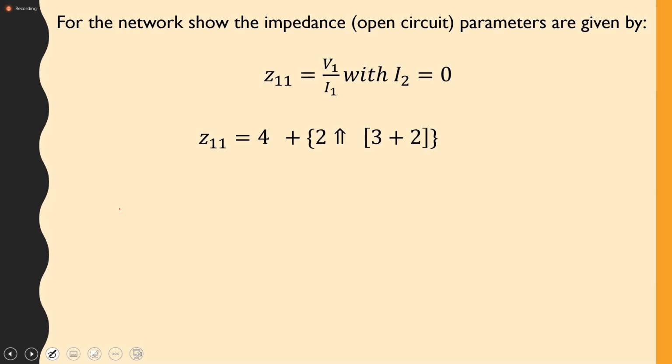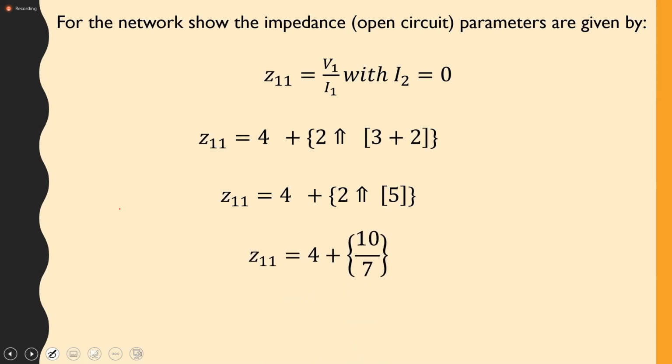And if we simplify that, we have Z11, and that gives us 38/7.